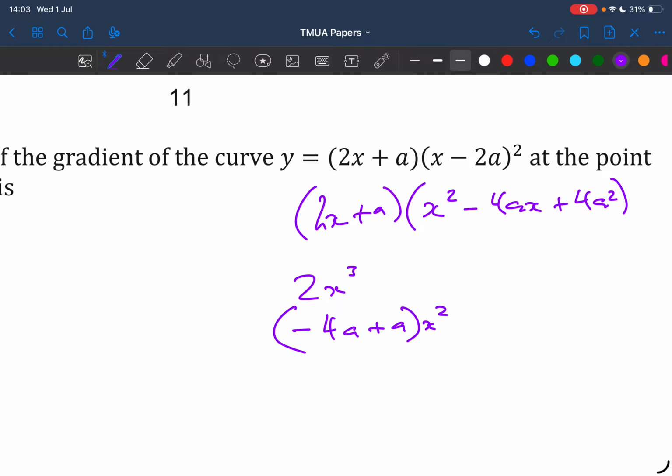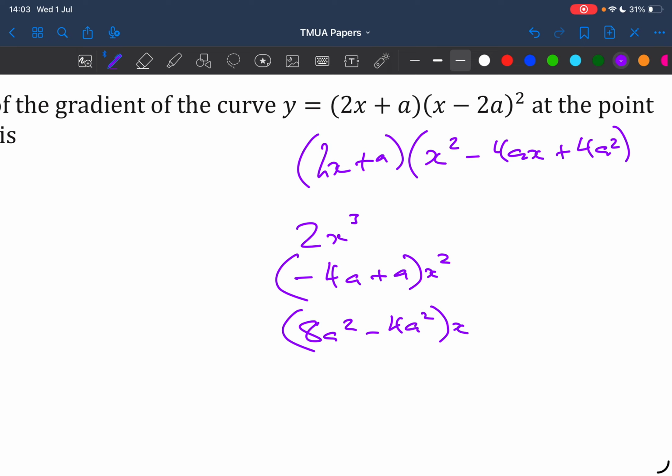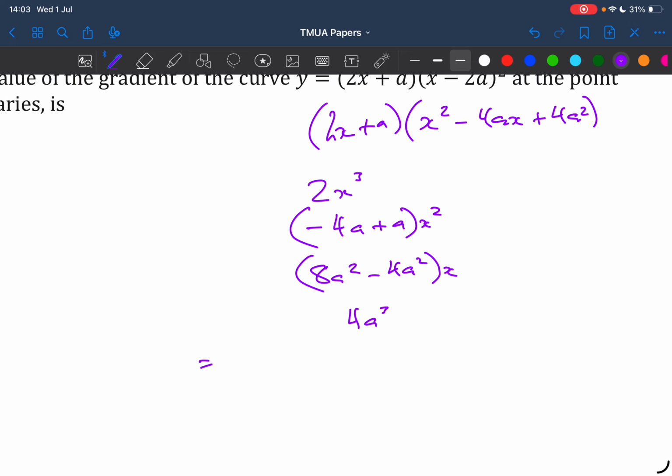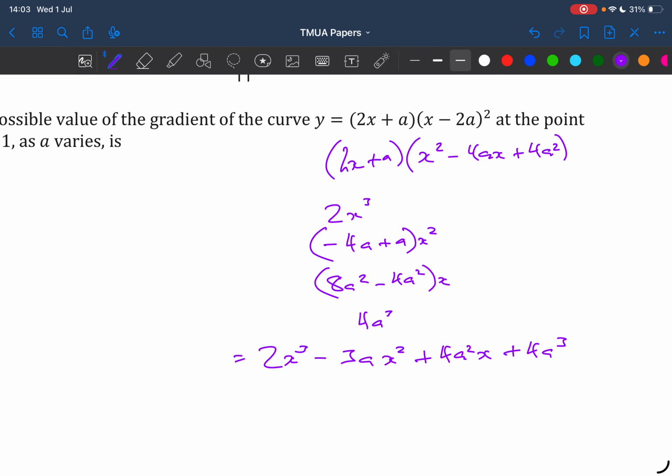For x's, we're going to have 8a squared, and then minus 4a squared. And then for the constant, we will have simply 4a cubed. So add them all together, we'll have our 2x cubed, minus 3a x squared, plus 4a squared x, plus 4a cubed.